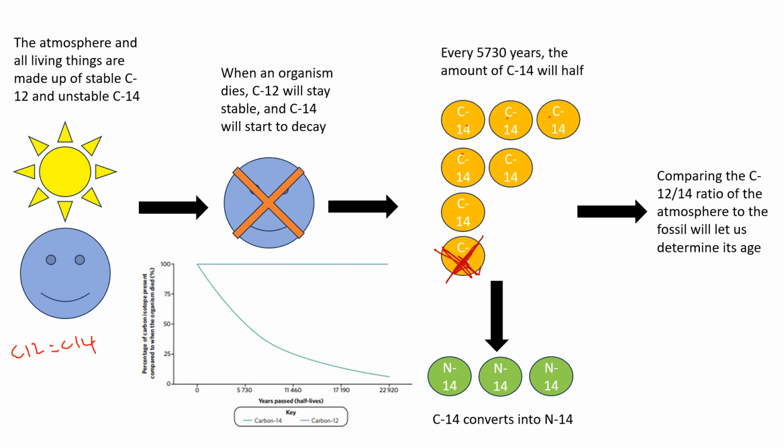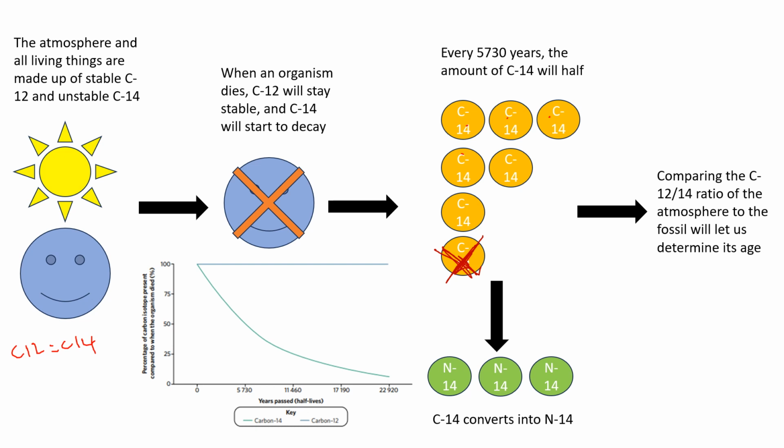In another 5,730 years, we would have 1.5 nitrogens left. So it's just halving. And by measuring how much nitrogen-14 is in the organism, we can determine how long it has been dead for and therefore how old the fossil is.